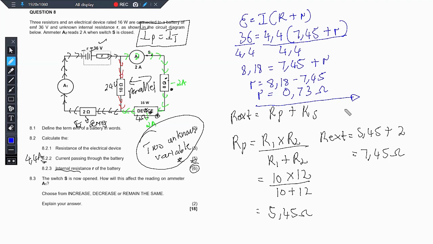So that's how you go about it. Always keep in mind, once it's a 5-mark question or more, you have 2 unknown variables, so you still need to first solve something before you can get to what you're actually being asked to calculate. Okay, now let's proceed to 8.3.